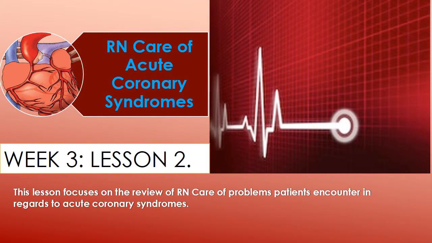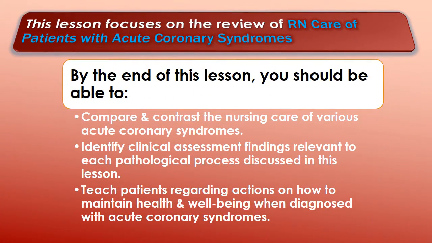This lesson focuses on the review of RN care of problems patients may encounter in regards to acute coronary syndromes. By the end of this lesson, you should be able to compare and contrast the nursing care of various acute coronary syndromes.